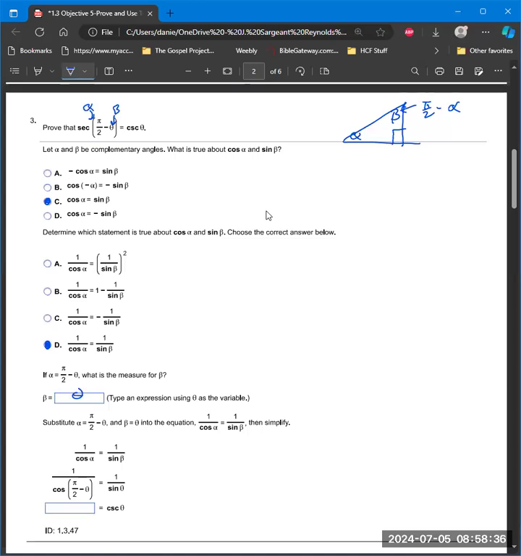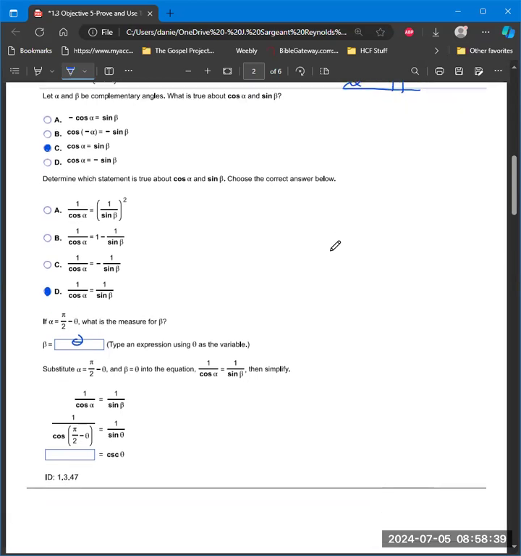So substitute: alpha is pi over 2 minus theta, and beta is theta, into the equation 1 over cosine alpha equals 1 over sine beta. You're going to get 1 over cosine of the quantity pi over 2 minus theta is equal to 1 over sine theta. 1 over sine theta is cosecant theta, and your left-hand side is secant of pi over 2 minus theta, and we're done.